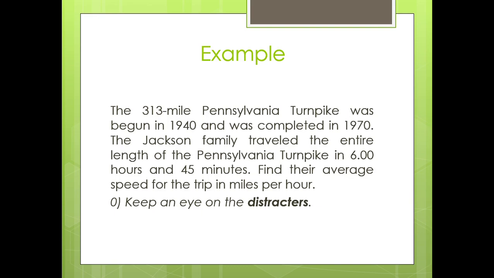That is information that you do not need in order to find the average speed. So just ignore that information and focus on the important things, such as the distance they covered and the time they used to cover that distance, right? So keep an eye on the distractors.